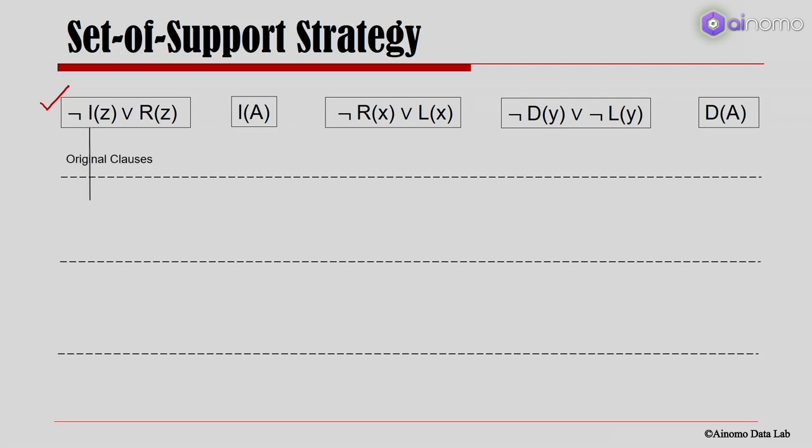So, in the original clause set, I start resolving from there and resolve with I of A to get R of A.